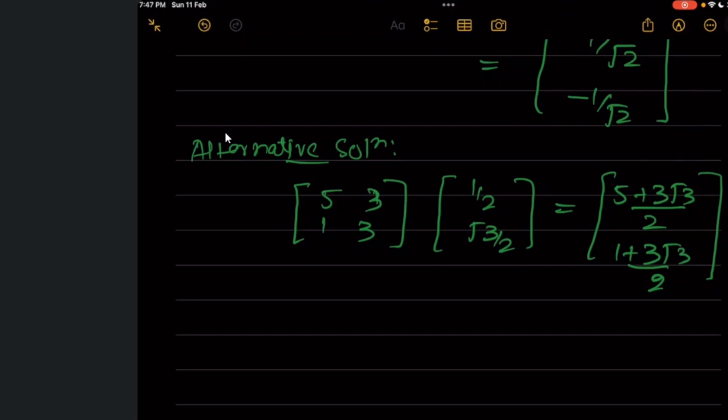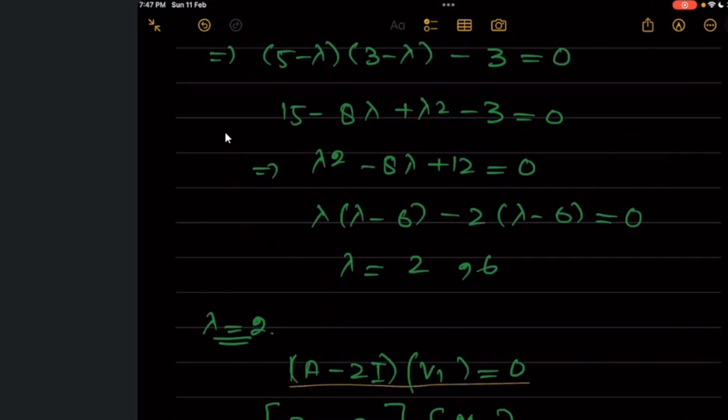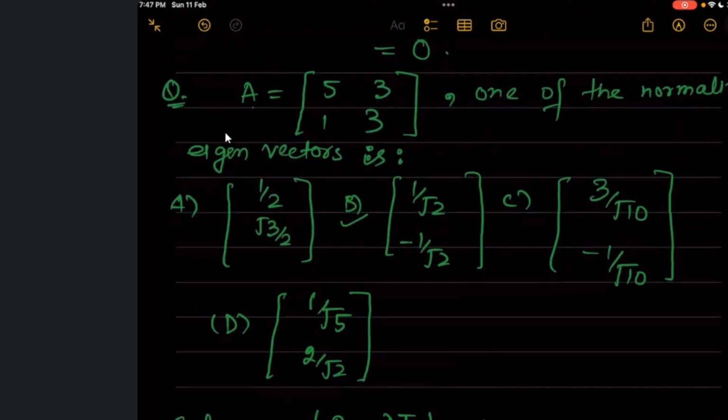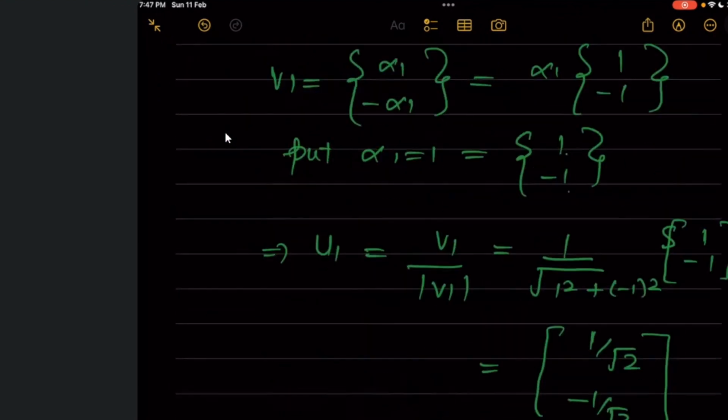Then moving to the correct option, which was, wait a second, I have to go back to the question. Yeah, 1 by root 2 and minus 1 by root 2.